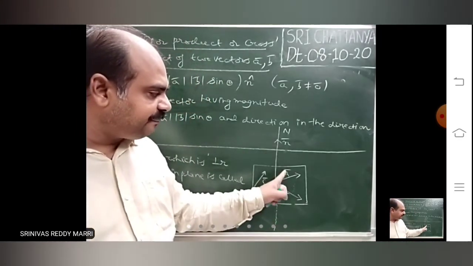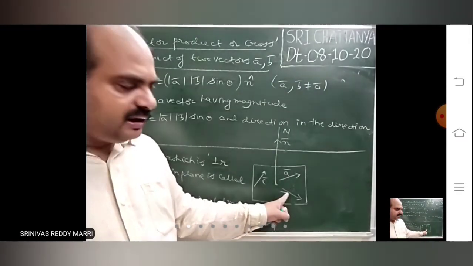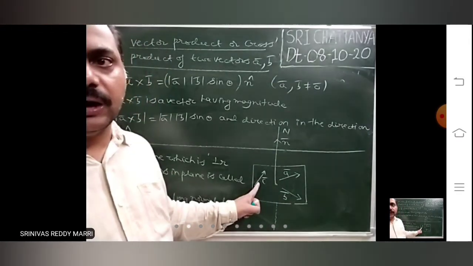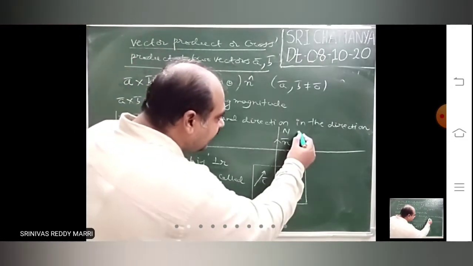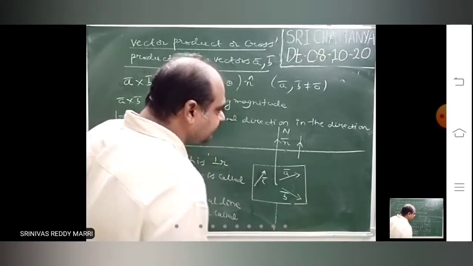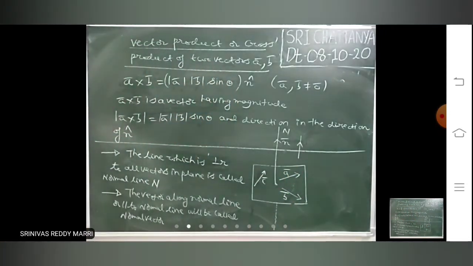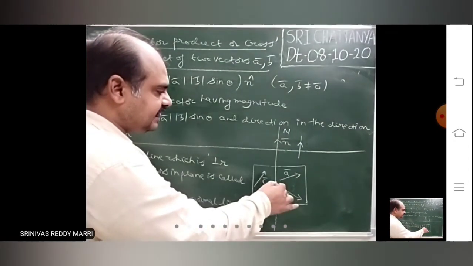This n bar will be perpendicular to A bar as well as B bar as well as C bar, or any vector parallel to this. Look, this pen is here.